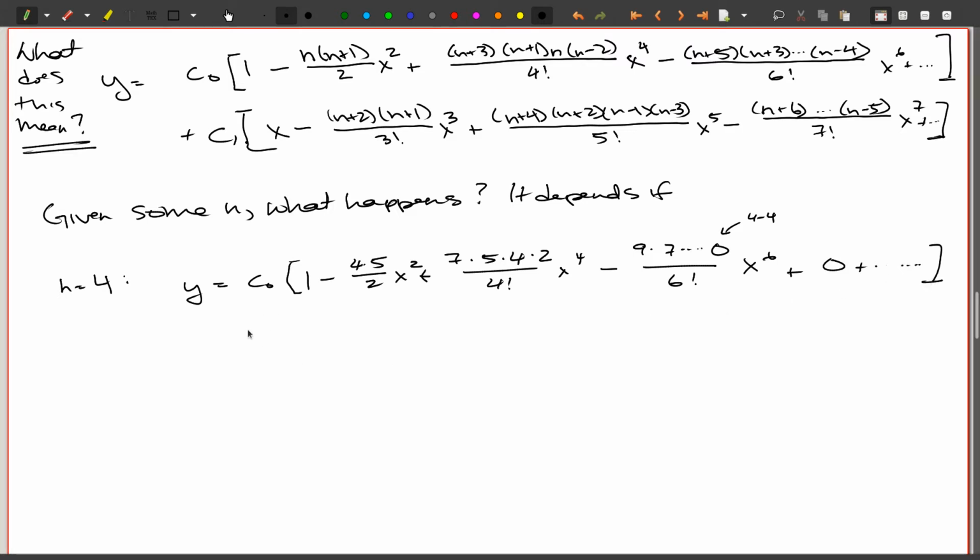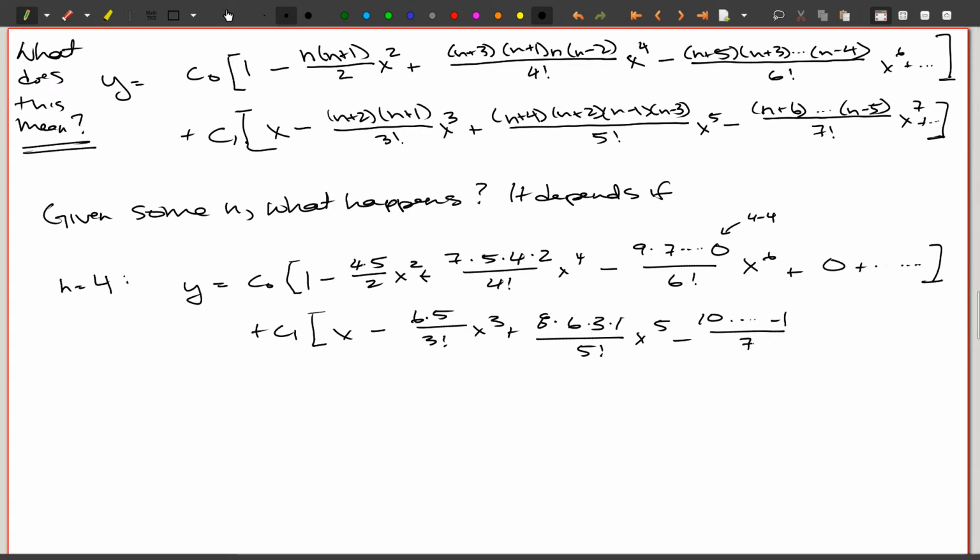Your C1 is going to give you x minus 6 times 5 over 3 factorial x cubed plus 8 times 6 times 3 times 1 over 5 factorial x to the 5th, minus 10 down through 4 minus 5, which is minus 1, over 7 factorial x to the 7th. And we skip over the 4 minus 4 here because you're always subtracting odd numbers on the C1 terms. So this one will continue, but this one stops after the x to the 4th term.